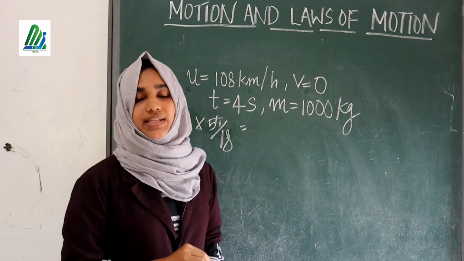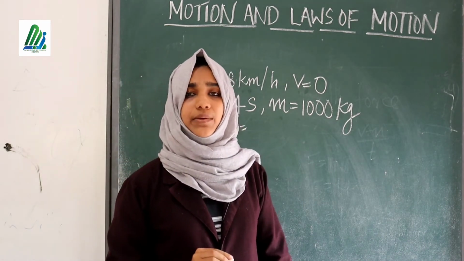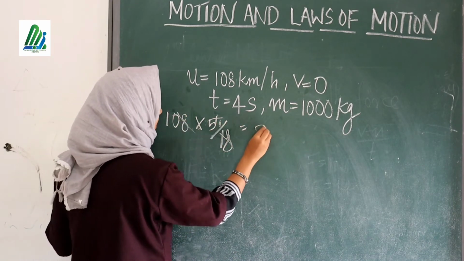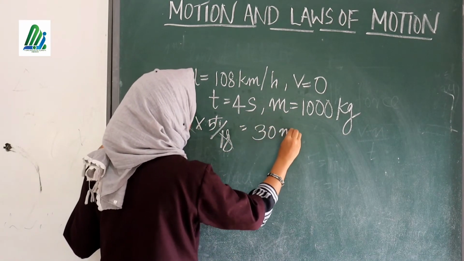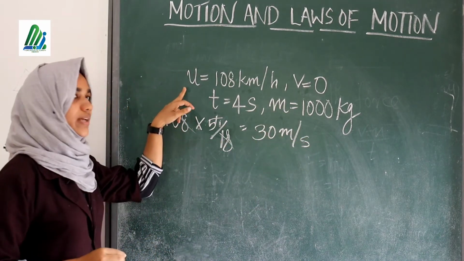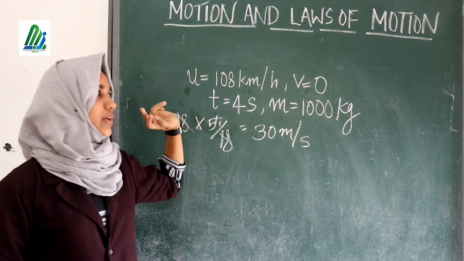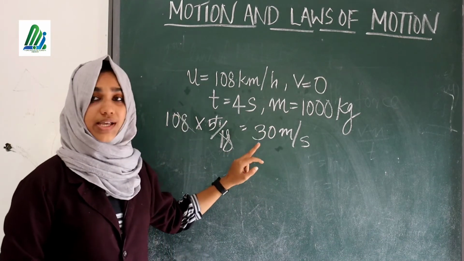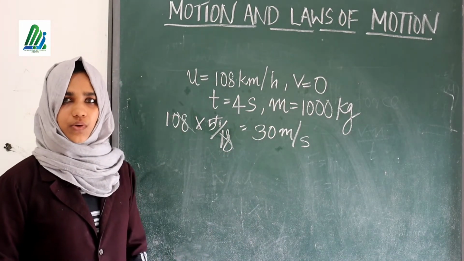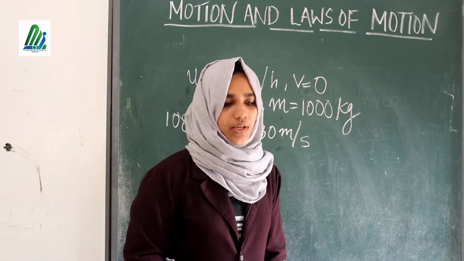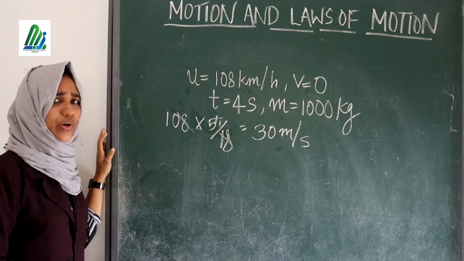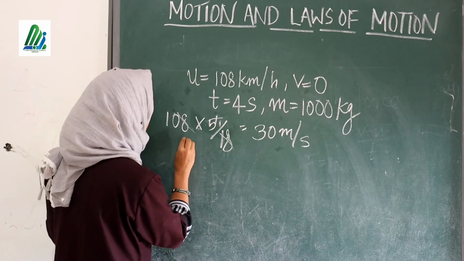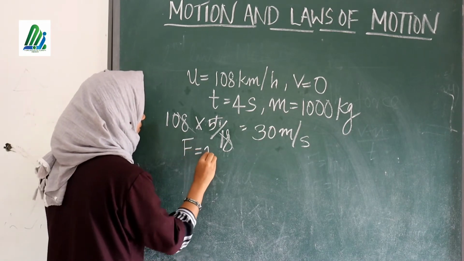By calculating this we will get 30 meter per second. So here the unit of initial velocity is meter per second. Okay, so I write 30 meter per second. Then according to Newton's second law, we have an equation, that is F equal to ma.